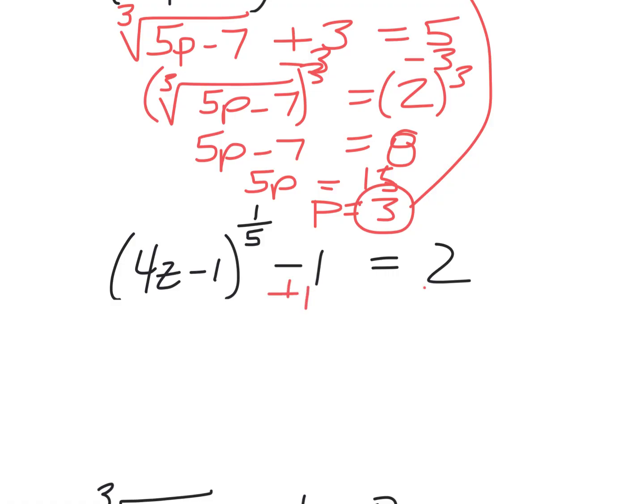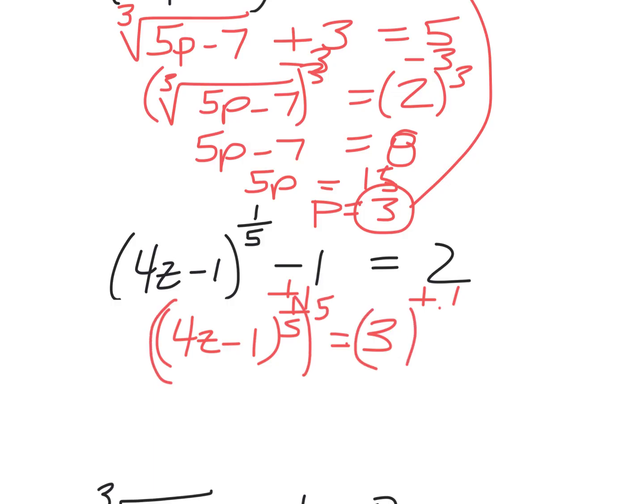Next example here, I'm going to add 1. At this point, instead of rewriting this, I'm going to realize it's the 1/5 power, which to undo that, that's the 5th root. I would be taking both sides to the 5th power. I will undo that.